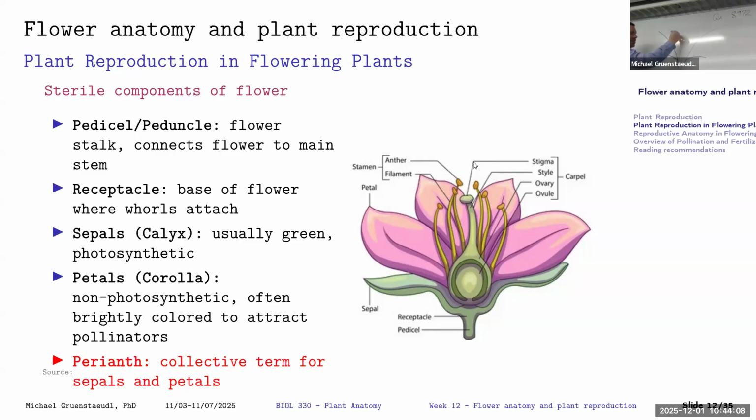Then the male part of the flowers, the stamens. And in the center, the female part of the flower, the carpel or pistil with its old name. So sepals, petals, stamens, and the central carpel or carpels, the plural.